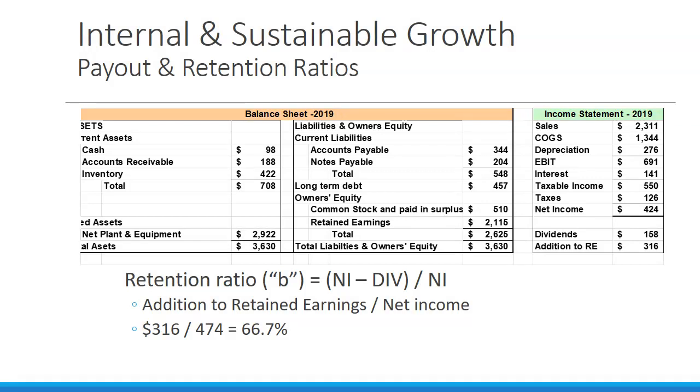So that's the amount of retained earnings that we keep for future growth. So 100% of our net income gets divided up: 33% is paid out in dividends and 66% is kept internally.